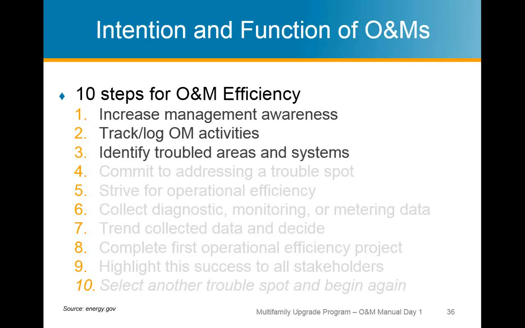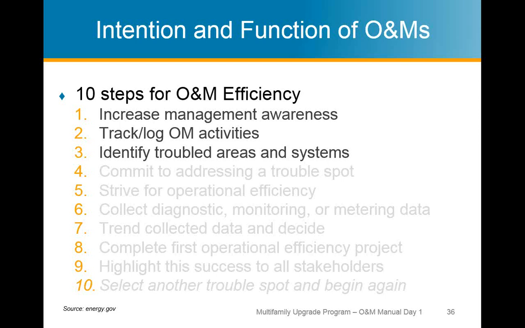And then use that information to sit down and identify the troubled areas and systems of the building. Identify that list of deferred maintenance. Earlier we were talking about preventative maintenance and reactive maintenance.